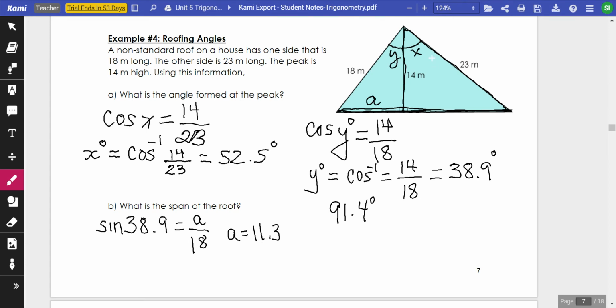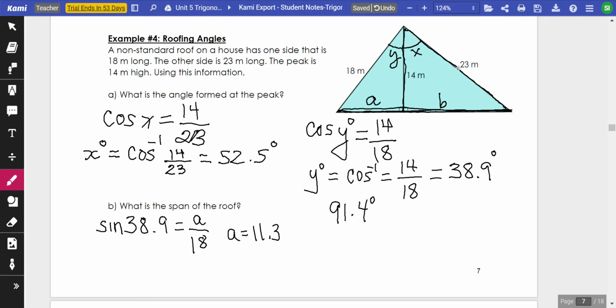Okay, and on this right side triangle up here, I will call this B. And we can use a number of strategies. We can use the sine function again, or we can use the Pythagorean theorem if we wanted.